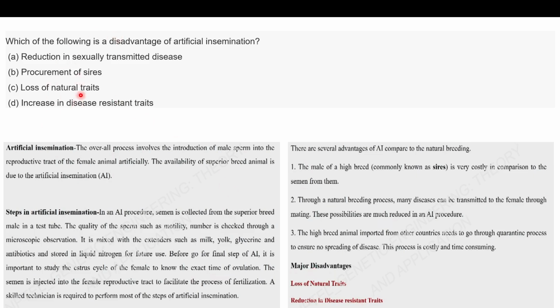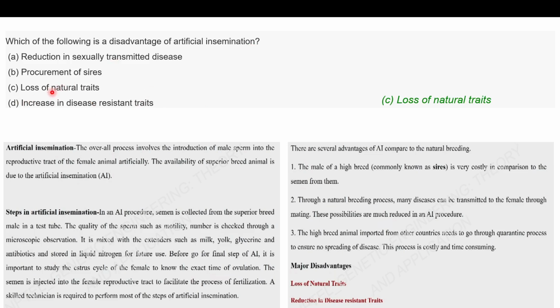Out of these options, the correct option regarding the disadvantage of artificial insemination is loss of natural traits. You don't really need to procure sires, you need to have the semen from the hybrid male. And you don't really have an increase in disease resistant traits, it actually decreases. That is another disadvantage of artificial insemination.